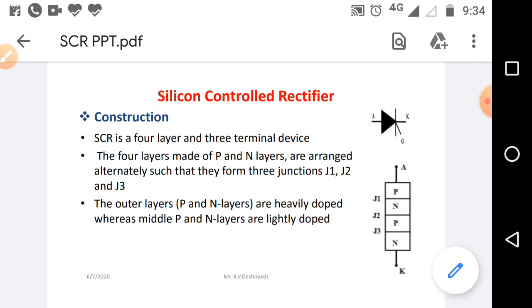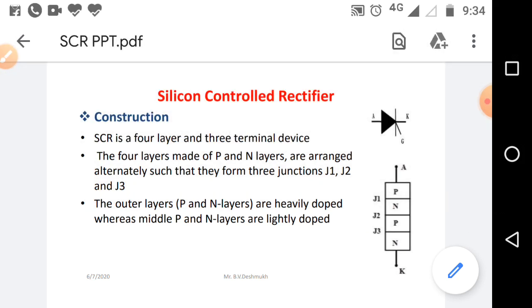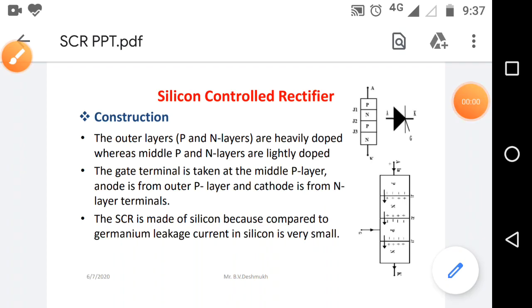But the outer P-type and outer N-type layers are heavily doped, and the middle P-type and N-type layers are lightly doped.